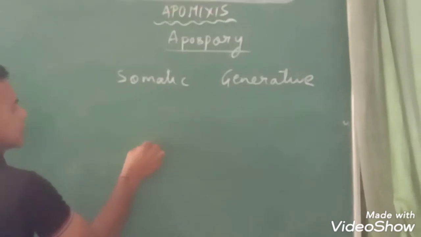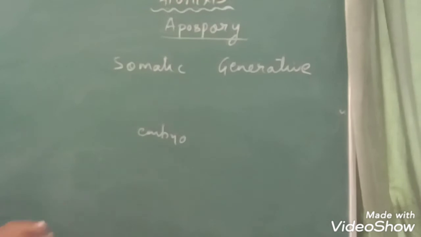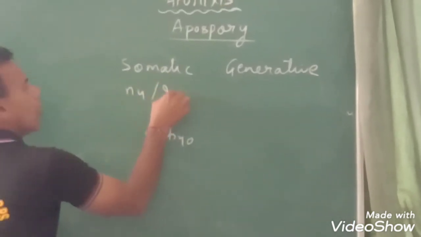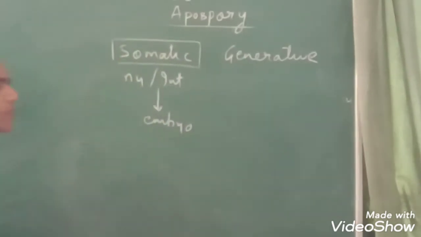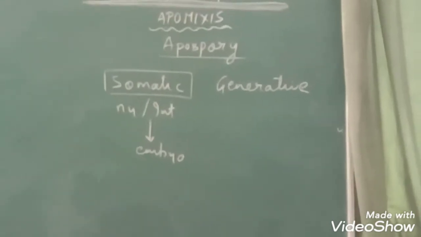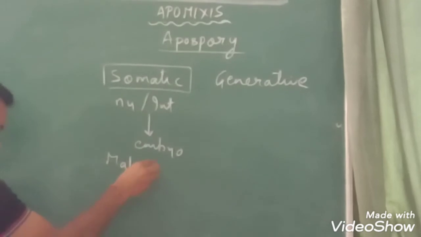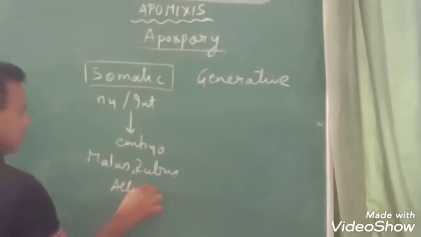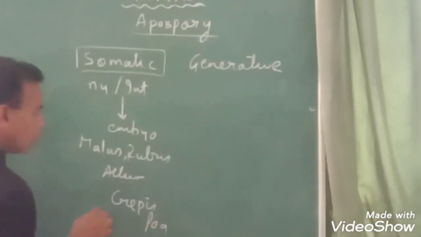When the embryo develops from an embryo sac that originated from either the nucellus or the integument, we call it somatic apospory, and it is reported in Malus, Rubus, Allium, Crepis, Poa, Opuntia.